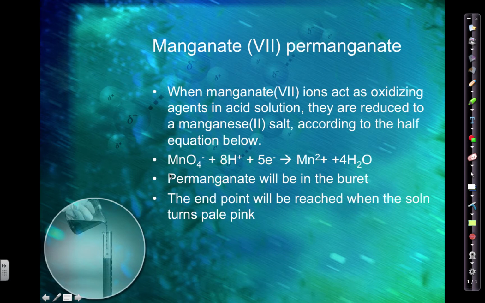So this is the reaction that happens when you put permanganate into acid. It's going to make a manganese ion with a positive 2 charge. Usually when you do this titration, permanganate will be in the burette, and at the end you'll see a solution that is a pale pink color. That tells you that that's when you stop the titration.